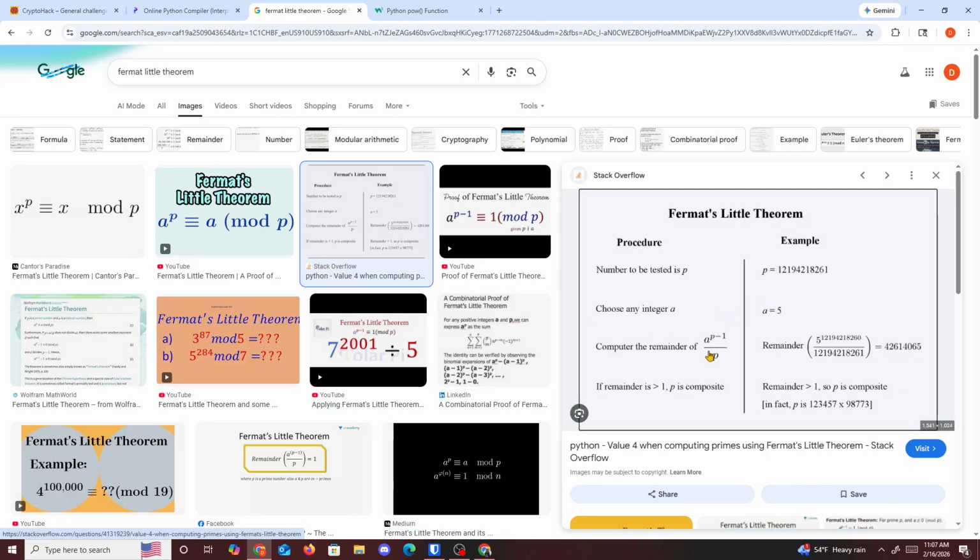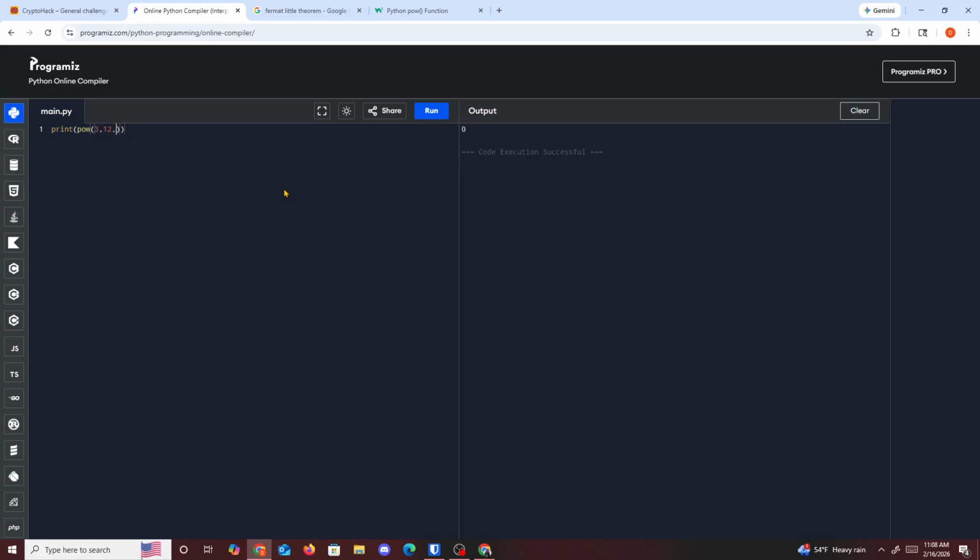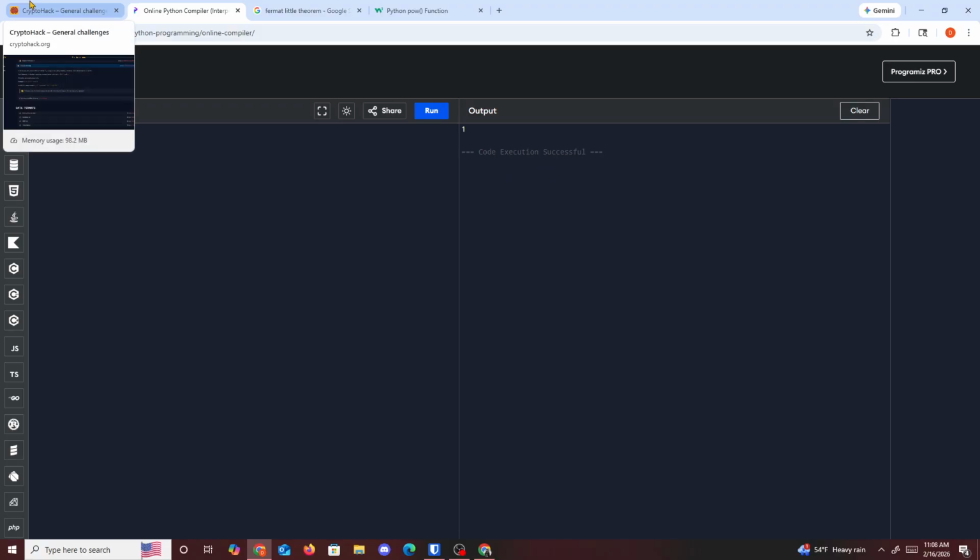Fermat's little theorem. So okay, I think it's 13 maybe. 12 at 13. 1. Nope. Oh wait.